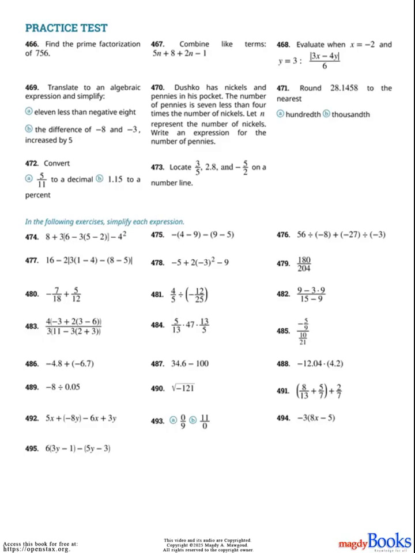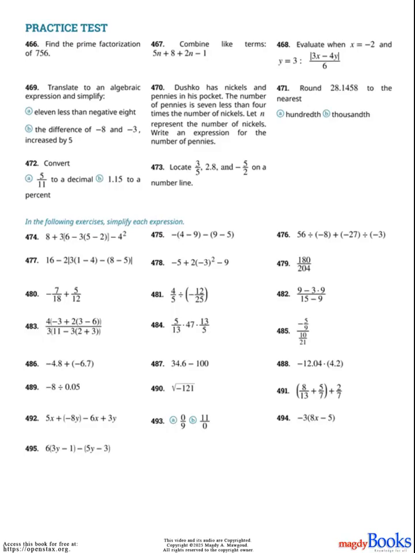470. Dushko has nickels and pennies in his pocket. The number of pennies is 7 less than 4 times the number of nickels. Let n represent the number of nickels. Write an expression for the number of pennies. 471. Round 28.1458 to the nearest A. hundredth, B. thousandth. 472.